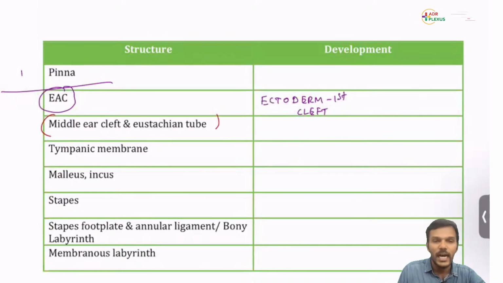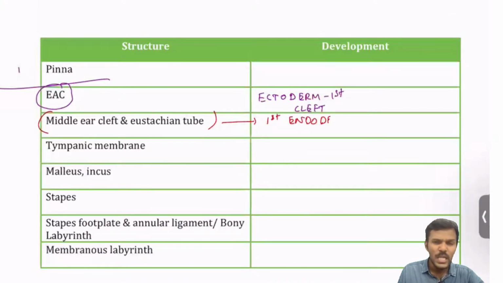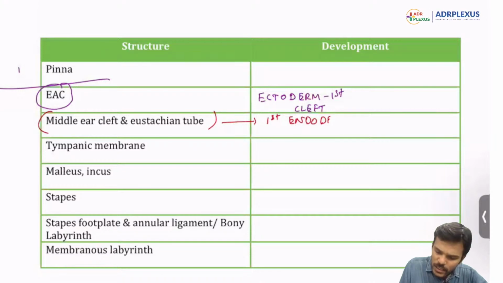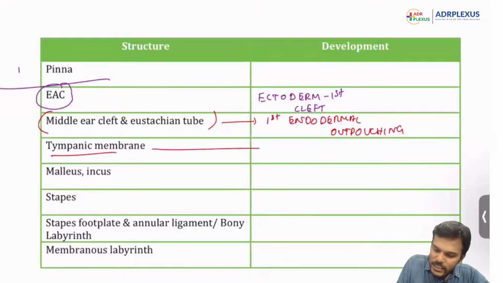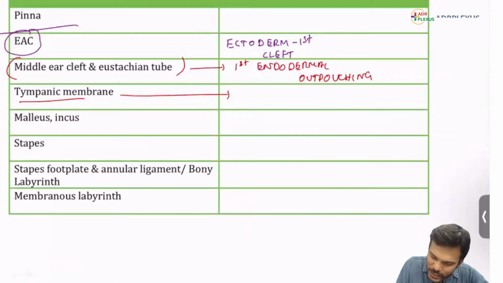Then I'll slowly add upon the latest advancements in these topics. So the middle ear cleft and eustachian tube develop from the first endodermal outpouch. The tympanic membrane: all these layers unite to form the tympanic membrane, so it is all three layers.